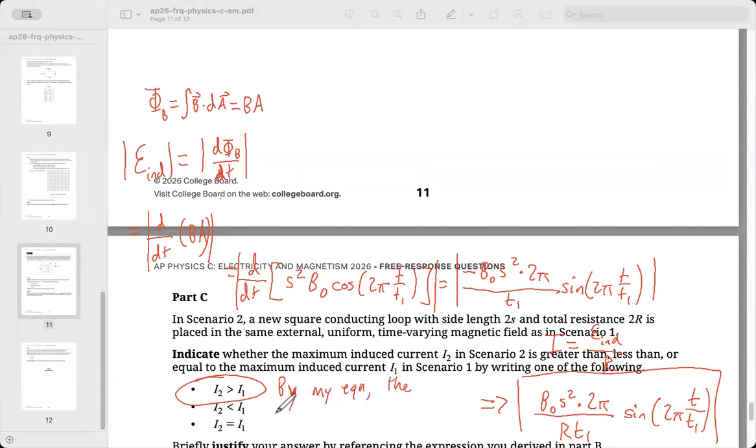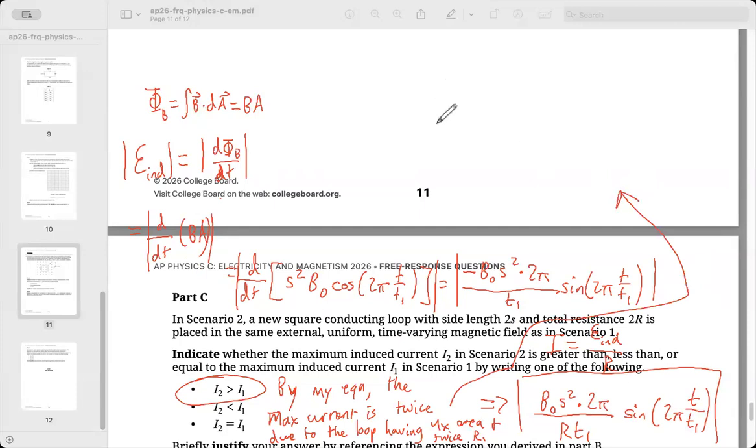The maximum current is twice as big due to the loop having four times the area and twice the resistance. Sorry, my work's a little bit messy, but this is all the room I have on my screen.